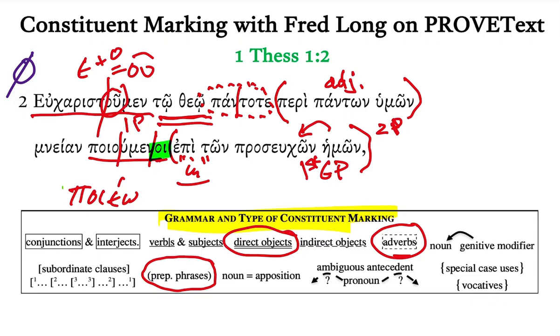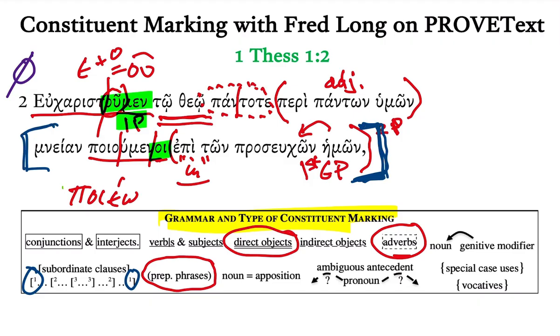So what's happening here is we have a subordinate clause, and we're going to identify that with brackets, and we're going to say that it ends right here at the end of this verse, although it might extend beyond that, but that's all we have right now.